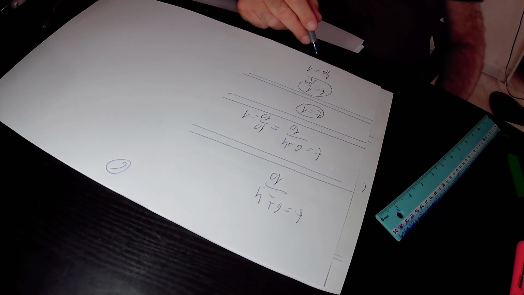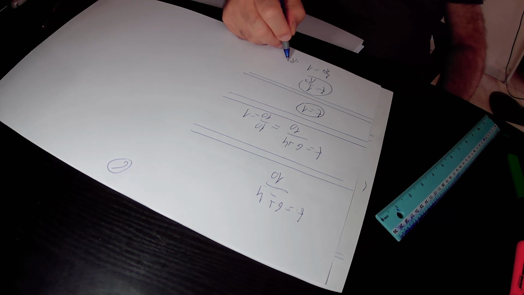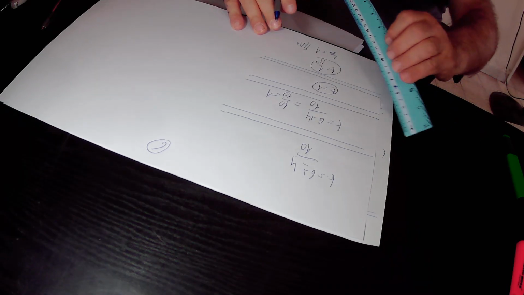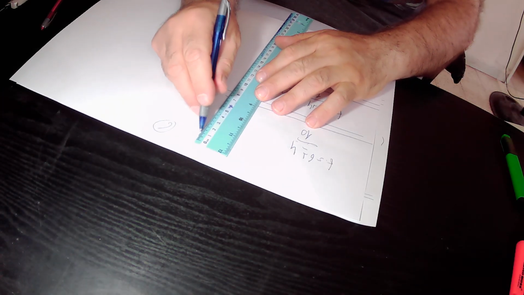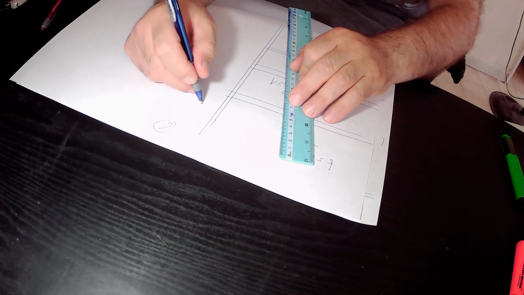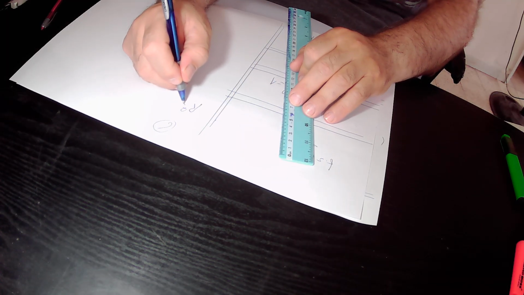So here we multiply this equation by r squared, and finally get that r squared equals 1. I found out actually that r squared equals 1.